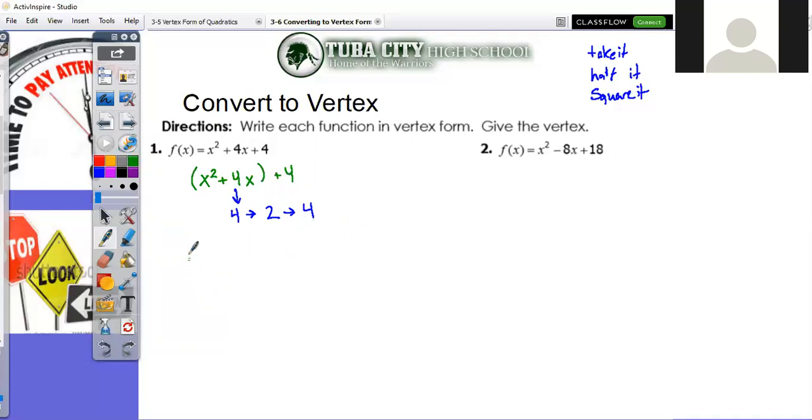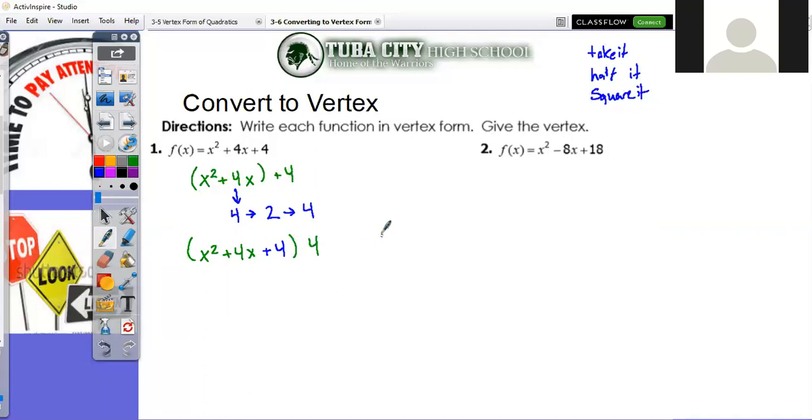What's going to happen is I'm going to end up with x squared plus 4x, and again, I'm going to put 4 in here. This is our new 4, and this might be a little bit of a confusing example because we have a 4 on the outside already.